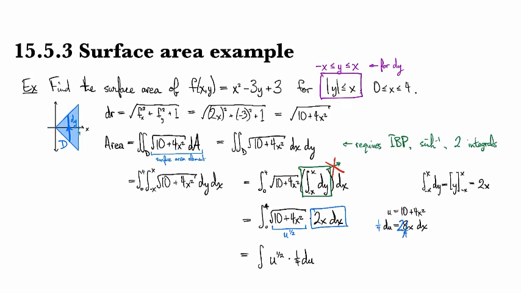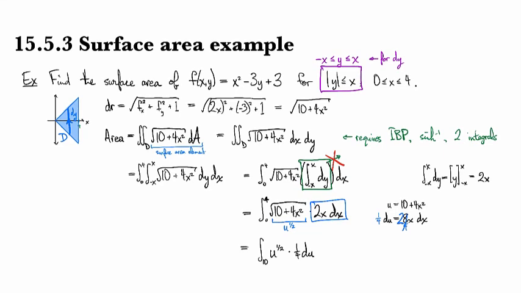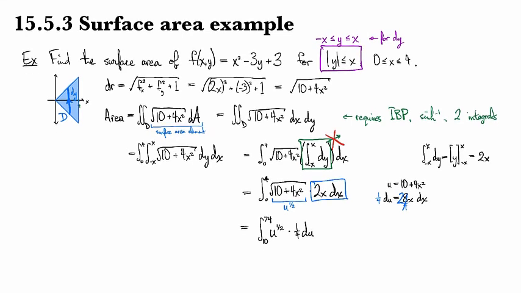When x is equal to 0, u is equal to 10, and when x is equal to 4, u is equal to 4 squared, which is 16, times 4 is 64, plus 10 gives 74. Now I will go ahead and integrate this. We have u to the 3/2 divided by 3/2, so that's times 2/3, and I've got a 1/4 out there, evaluated from 10 to 74.